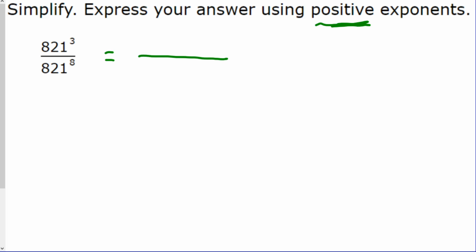So 3 minus 8 is going to be negative 5. So 3 of the 821s on top are going to cancel out. And we're going to be left with just the number 1 on top. And on the bottom, we're going to be left with 8 of the 821s.